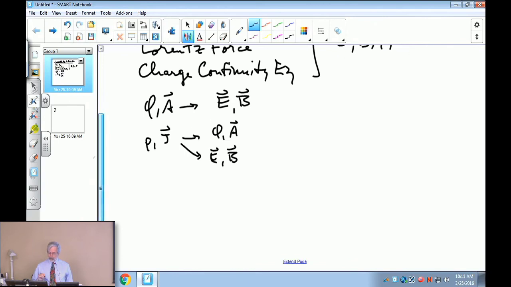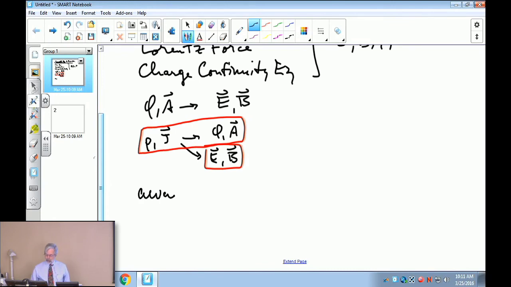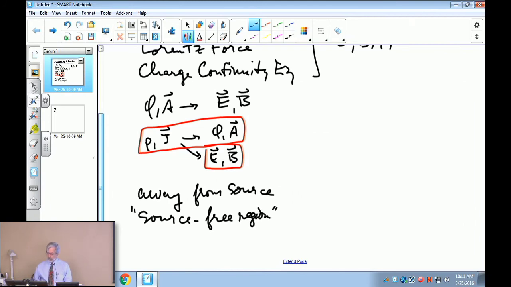So what I'd like to look at now is the relationship between phi and A, and rho and J, and also the equations for E and B. So you'll read in the text that away from the source, in other words, in the source-free region, E, B, phi, and A all satisfy the wave equation.